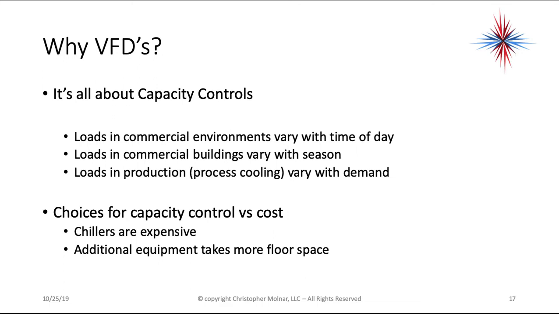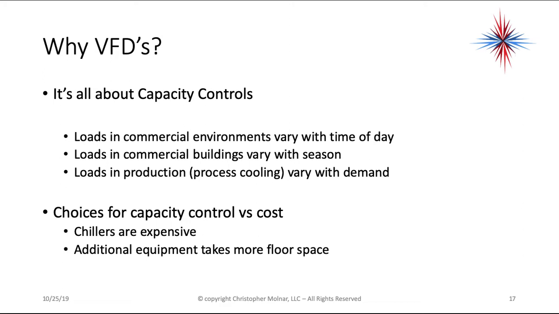First, we can have multiple pieces of equipment and turn whole systems on and off as needed. Or we can use a single piece of equipment and control its speed and how much cooling it's providing. Chillers are expensive, so the more chillers we have, the more expensive the installation is. And also, additional equipment takes up more floor space.